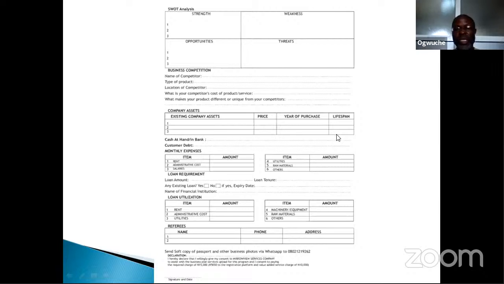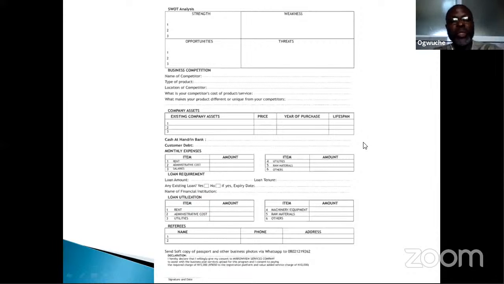So all of these things are how you do your SWOT analysis. Whatever line of business you intend to go into, you can use this template that I've just discussed to be able to do that analysis as conveniently as possible.